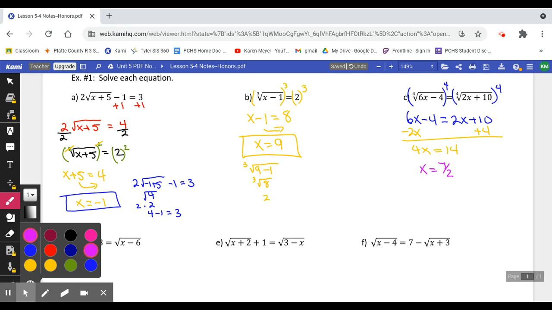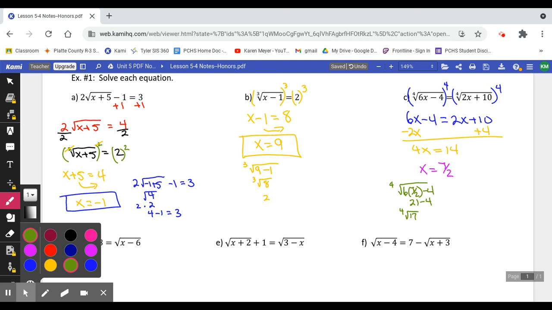Okay, if I was to check this, I've got the fourth root of 6 times 7 over 2 minus 4. Well, 6 times 7 is 42. 42 divided by 2 is 21. So I'm looking at 21 minus 4, which would be the fourth root of 17.